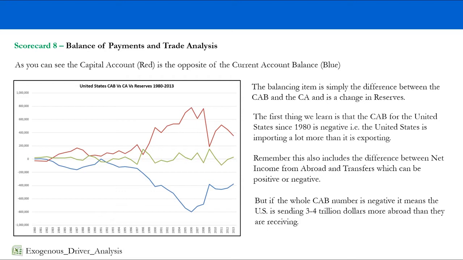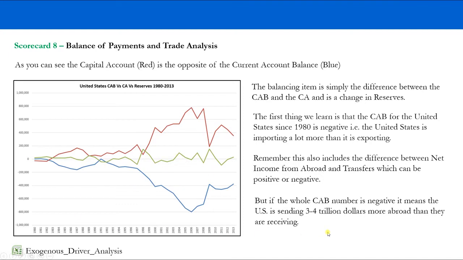Now, the first thing we learn when we look at this is that the current account balance for the US since 1980, so we're charting this from 1980, is negative. So this basically means that the United States is importing a lot more than it's exporting in the current account balance.